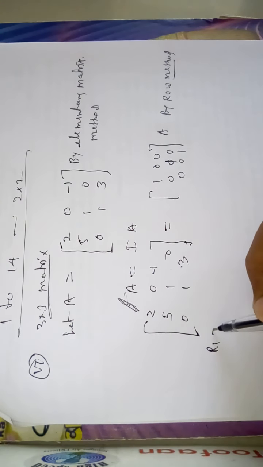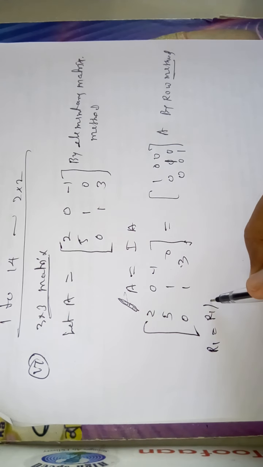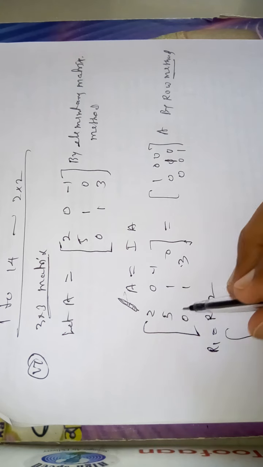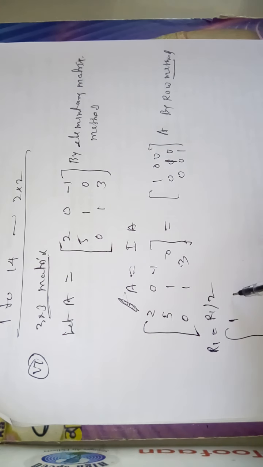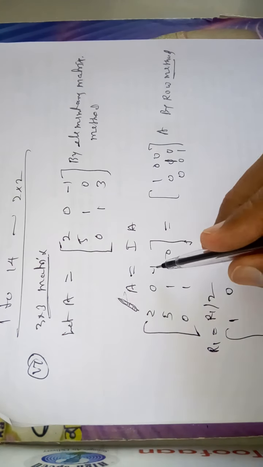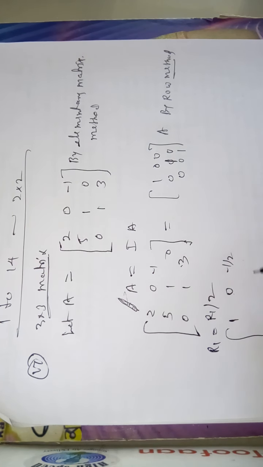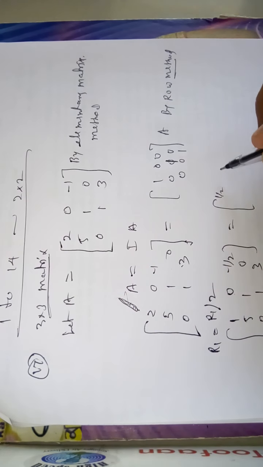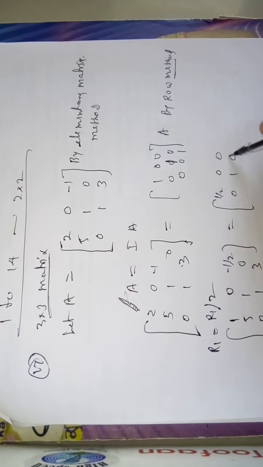So R1 tends to R1 by 2. So 2 upon 2 is 1, 0 upon 2 is 0, minus 1 upon 2. The 5, 1, 0 stay the same, and 0, 1, 3 stay the same. The identity side also changes: 1 divided by 2 is 1 upon 2, 0, 0, then 0 1 0 and 0 0 1.